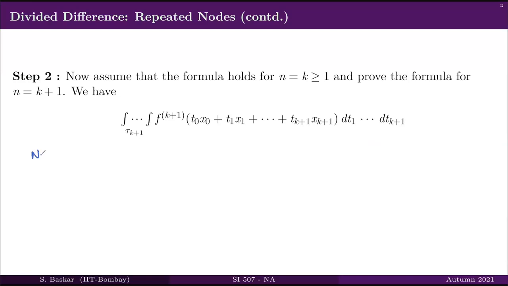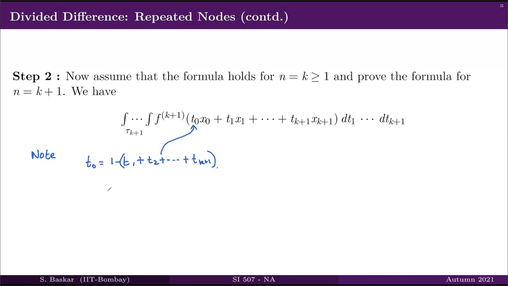Note that we have t0 equal to 1 minus (t1 plus t2 plus up to tk plus 1), right? So substitute this in the place of t0 in the expression.